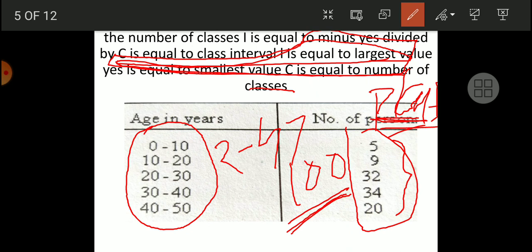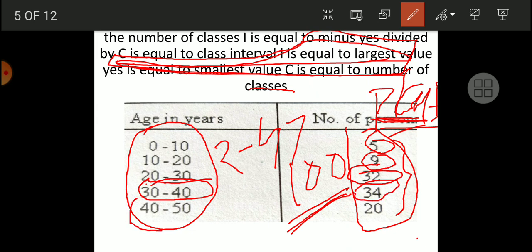Here we get the age in years and the number of plants. 0 to 10 age has how many plants out of 100? 5. 10 to 20 years has 9. 20 to 30 has 32. 30 to 40 has 34.